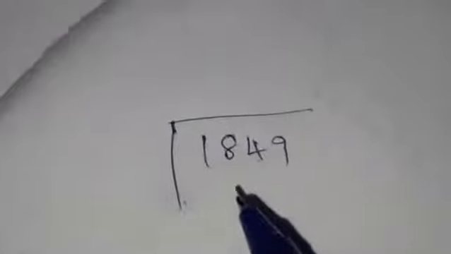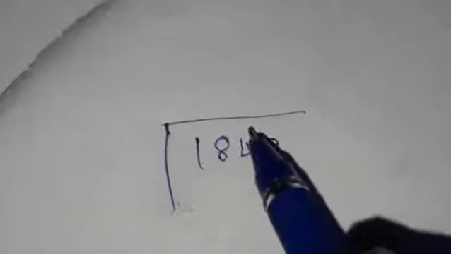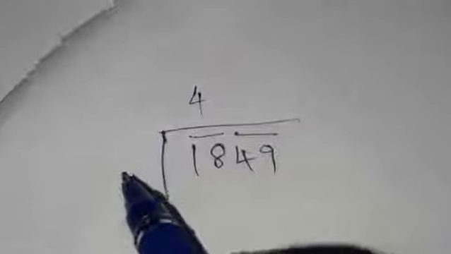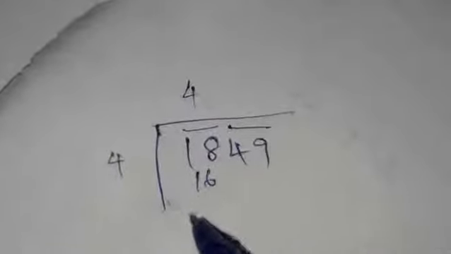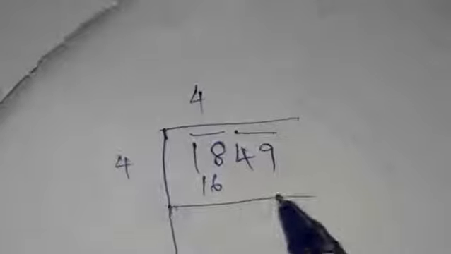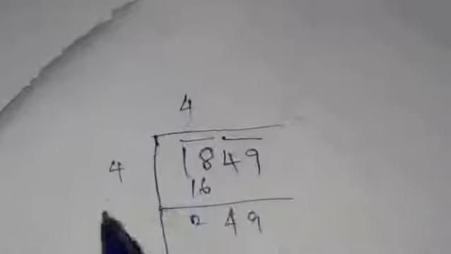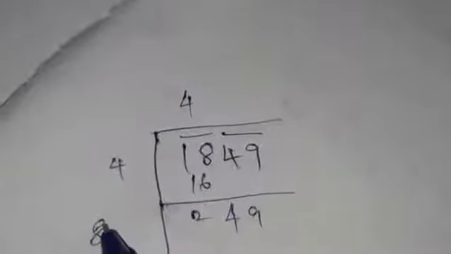Now I am going to prove it. Listen carefully. First you have to group the digits. 4 4s are 16. The remainder is 2. Then bring down the next period 49. And then you have to multiply the quotient by 2. 4 2s are 8.